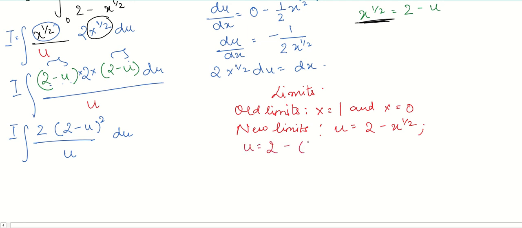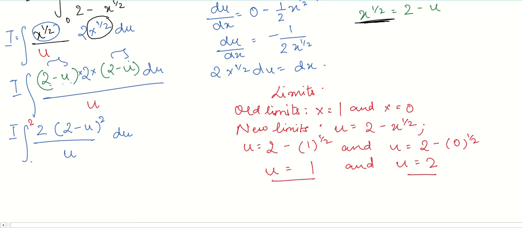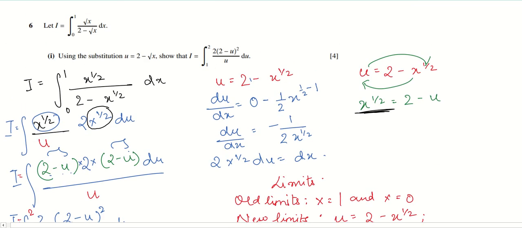Basically 2 minus 1 raised to 1/2, and u equals 2 minus 0 raised to 1/2, that's going to be 0 only. So that's going to be 2, and that's going to be u equals 1. So these are your limits. You can write 2 and 1 as your limits, and 2 multiplied by 2 minus u whole square divided by u du. That's it. That's exactly the same form.